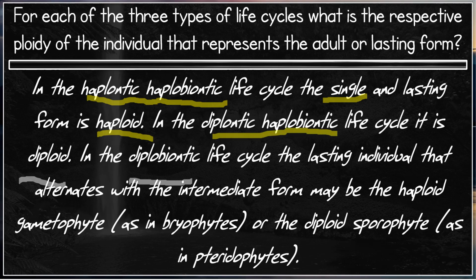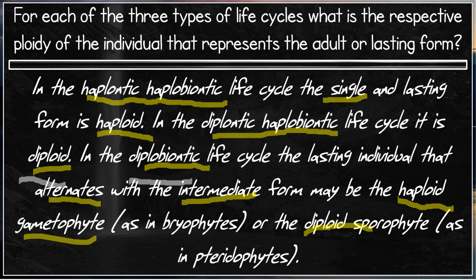In the diplontic haplobiontic life cycle, it is diploid. In the diplobiontic life cycle, the lasting individual that alternates with the intermediate forms may be haploid, gametophytes, as bryophytes, or the diploid sporophyte as in pteridophytes.